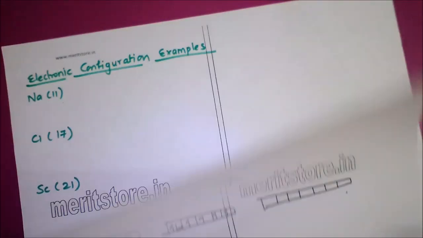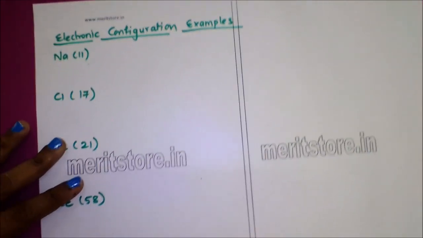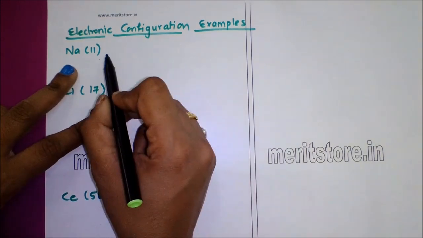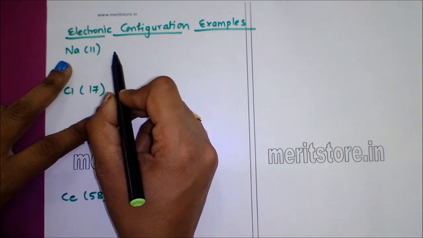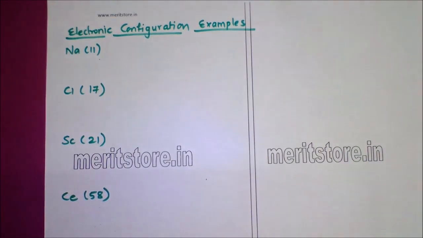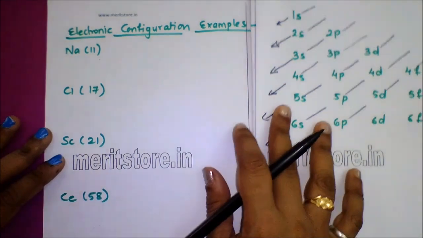So using all these principles, we can write the electronic configuration of different elements. For example, if I have sodium, it's 11. So according to the electronic configuration, let me put the above diagram in front of you, so that it will be helpful for you in order to find out how to fill the electrons over here.